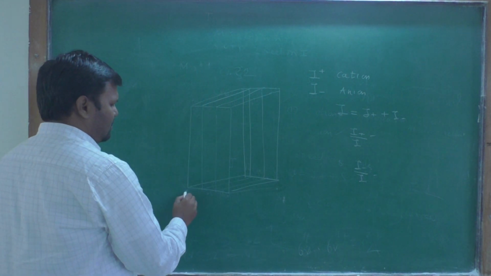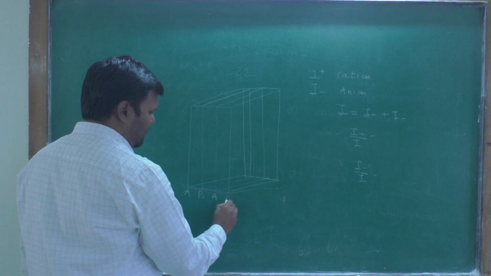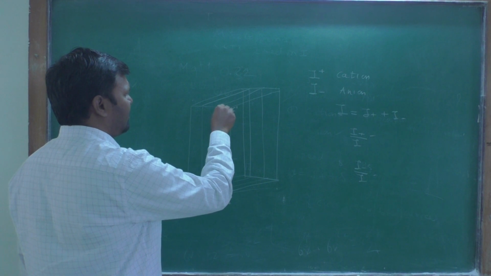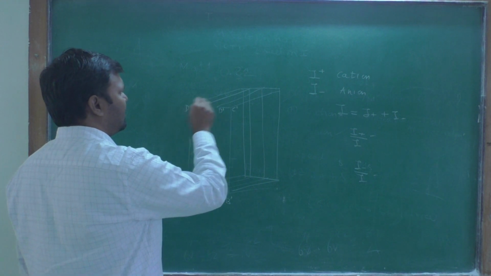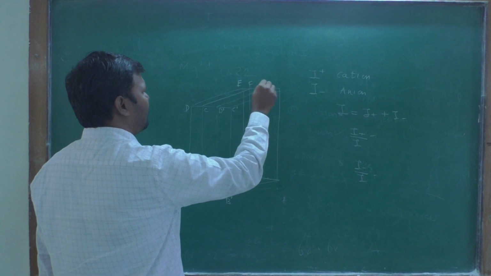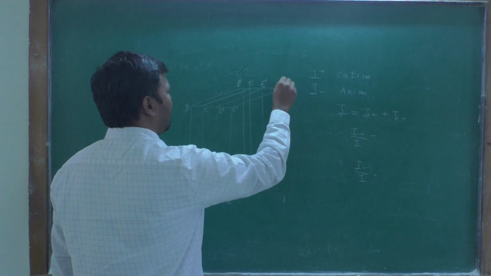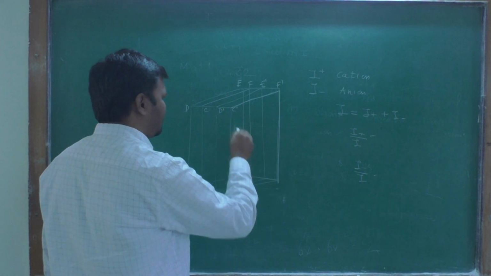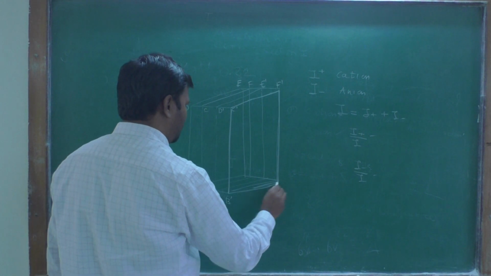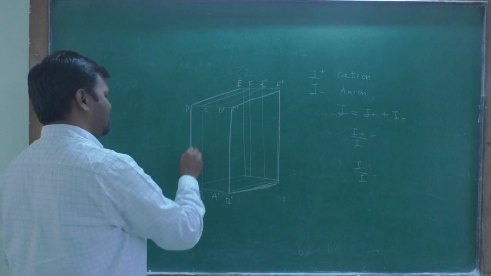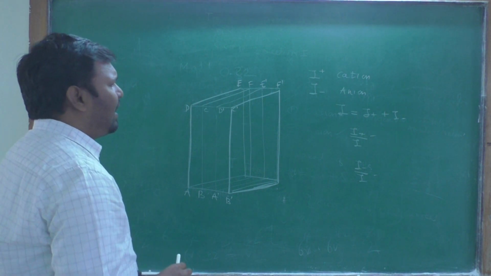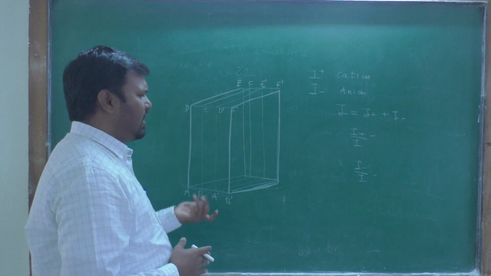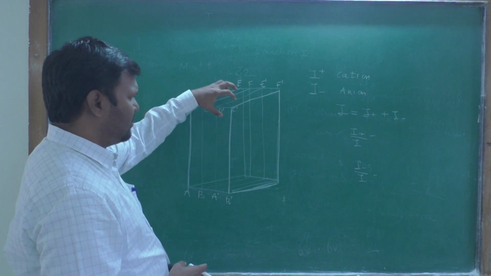There is A, B, and A dash B dash, then C dash D dash, C D, E dash E F, E dash and F dash. One of the electrodes is placed at this side and the other electrode is placed at the other side, and our electrolyte solution is placed in this tube.